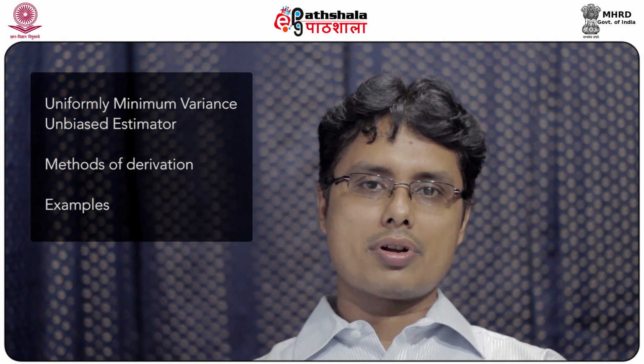In the present lecture, we shall discuss a method of deriving a uniformly minimum variance unbiased estimator. The method is called the method of covariance. We shall also discuss some examples where one can apply the method of covariance for deriving a uniformly minimum variance unbiased estimator.